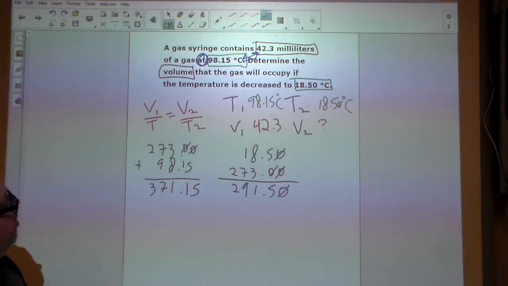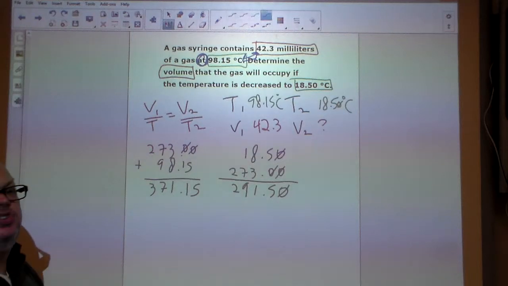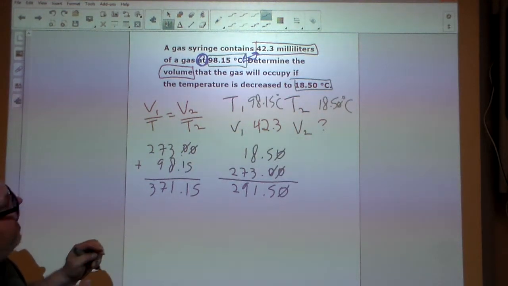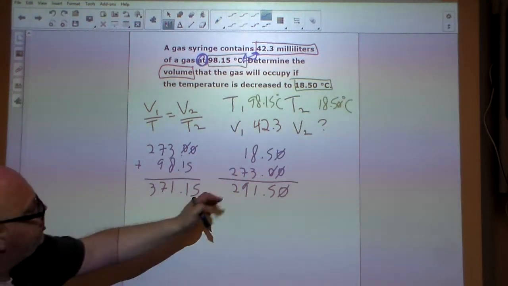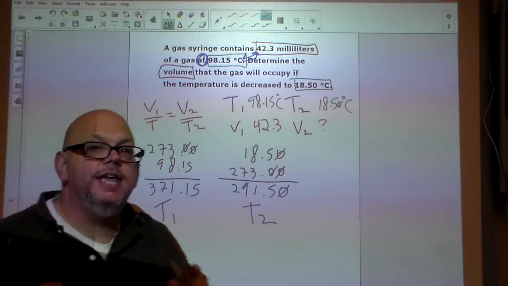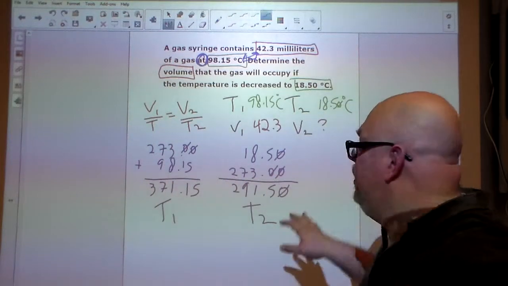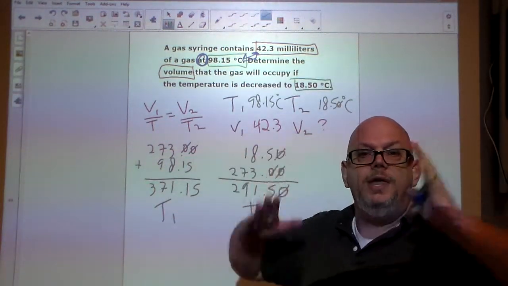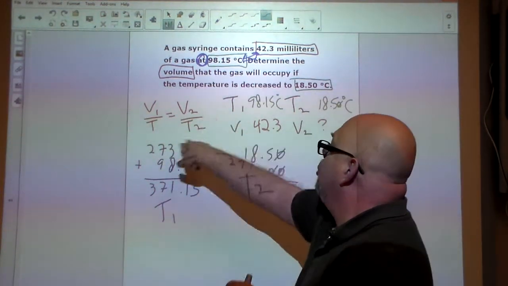So what does that look like for us? Well, ladies and gentlemen, we've got our information and our temperatures, here's T1, here's T2. Now we can take those numbers that we worked so hard to figure out and plug them into Charles' Law.